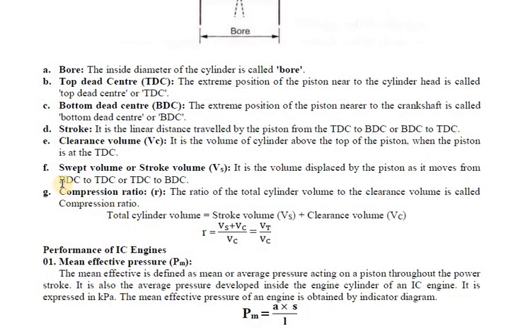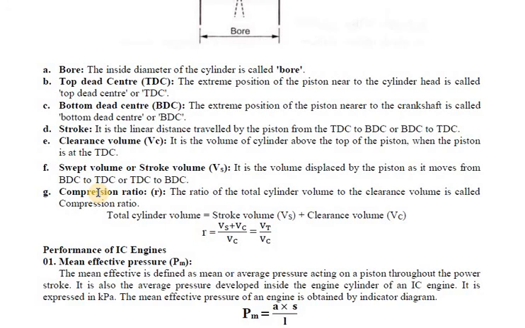The next very important term is the compression ratio. The ratio of the total cylinder volume to the clearance volume is called the compression ratio. The mathematical equation is here: the compression ratio is represented by the lowercase letter r. It is the ratio of total cylinder volume to the clearance volume.